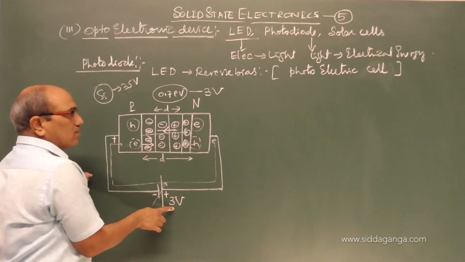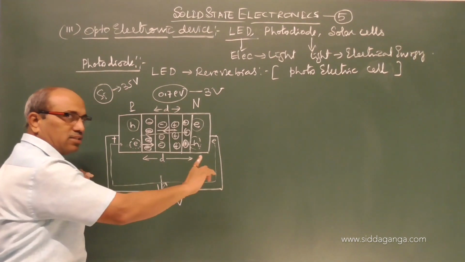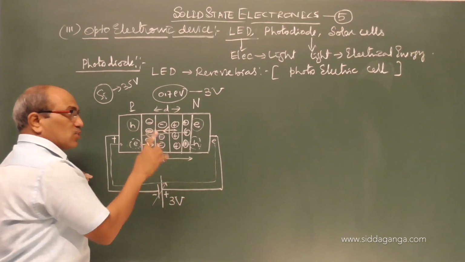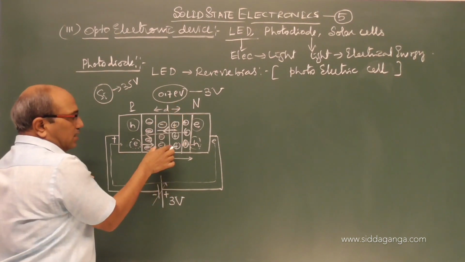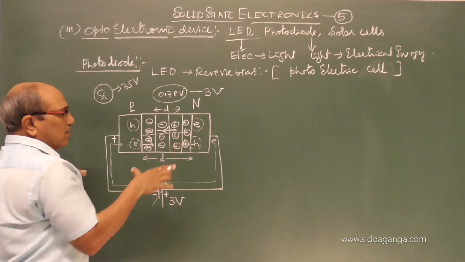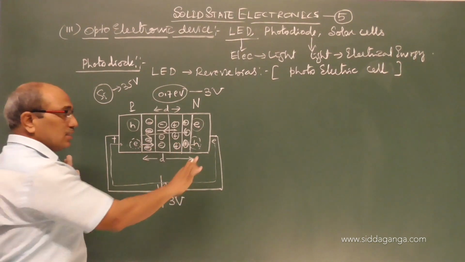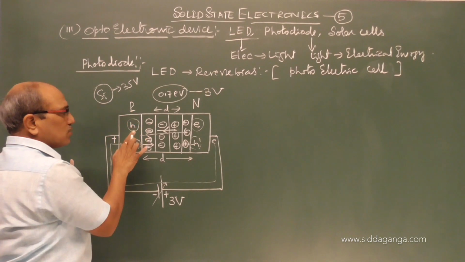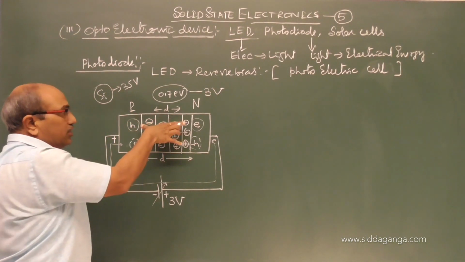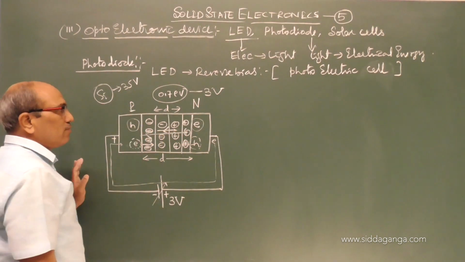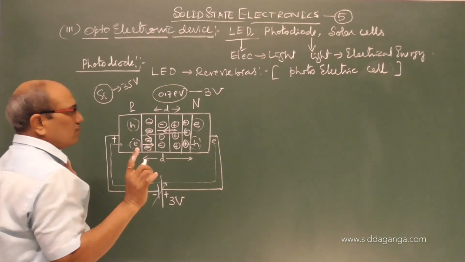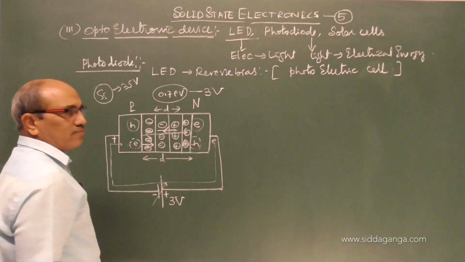I have just applied 3 volt, which is well within the breakdown voltage under reverse bias. This will charge up to 3 volt. The depletion layer is increased up to 3 volt. Then there is no current. This transient current also stops and the depletion layer has increased. A high electric field is established and there is no current at all. Now again equilibrium is reached.